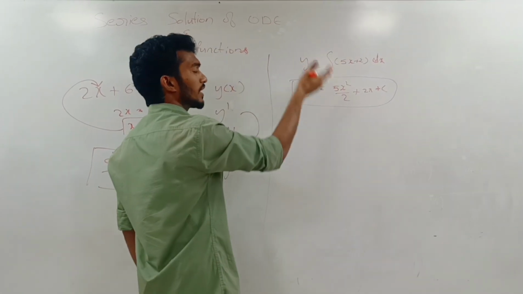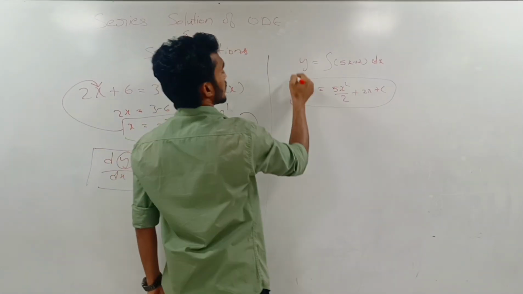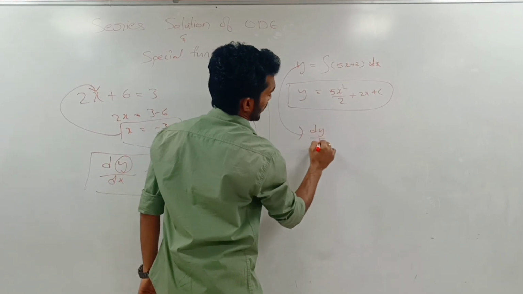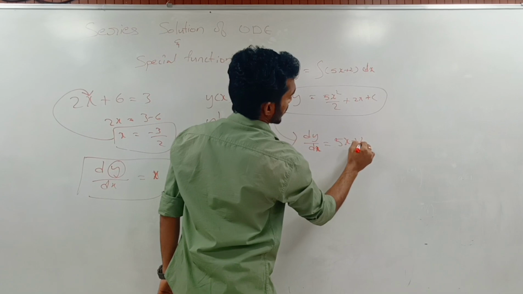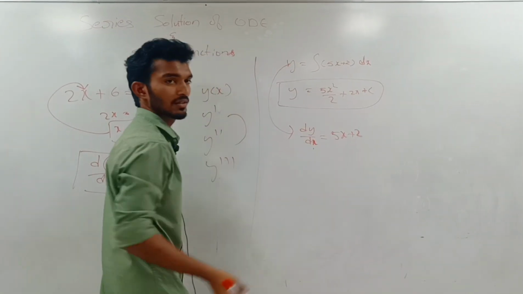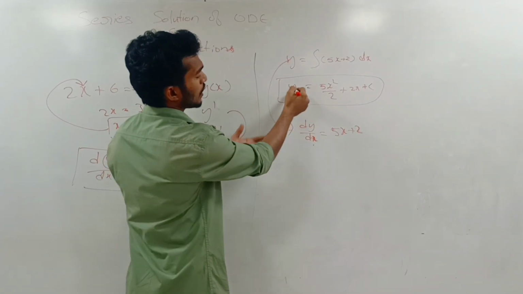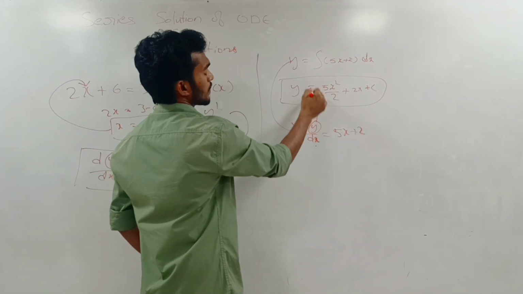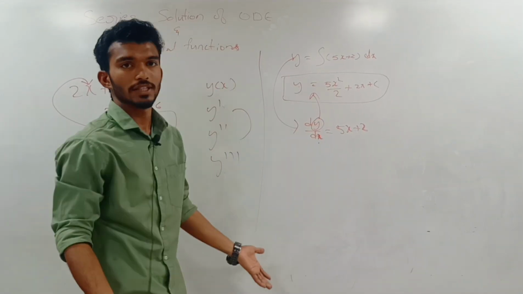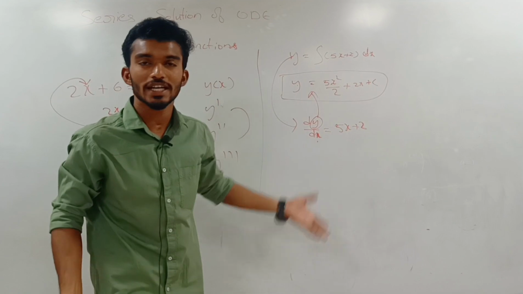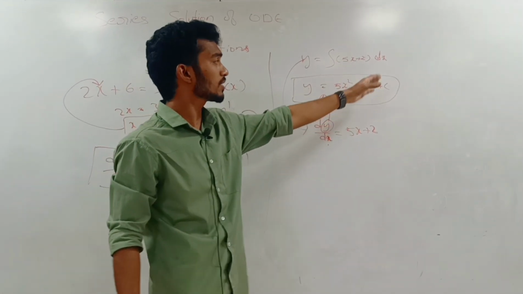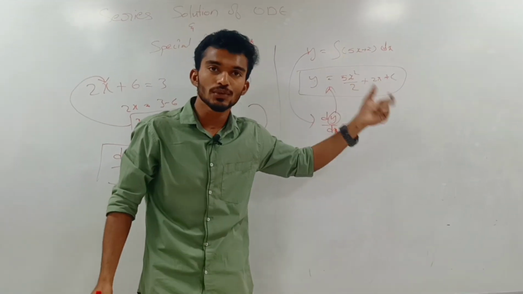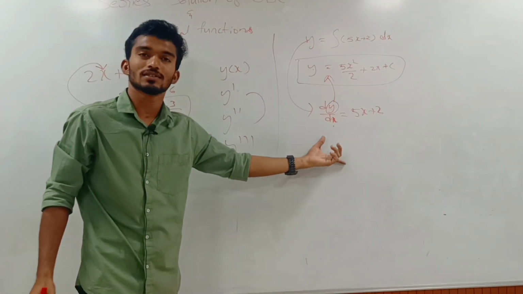This is the solution of the given differential equation. So I will write this as dy by dx equal to 5x plus 2. So we find the value of y. If we substitute the value of y here, then the equation will be satisfied. That is nothing but y equal to 5x squared by 2 plus 2x plus c is the solution of this differential equation. That's it.